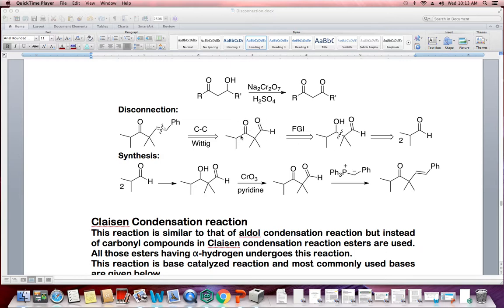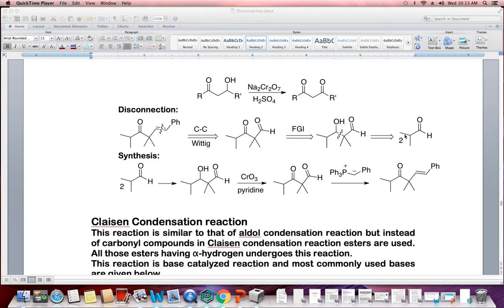But we have selected this carbonyl compound to convert into hydroxyl functionality. The reason behind this is that when this carbonyl compound is converted into hydroxyl functionality, we get a simple aldol condensation reaction between two of these kinds of aldehydes. So we have selected to convert this carbonyl compound into hydroxyl functionality.